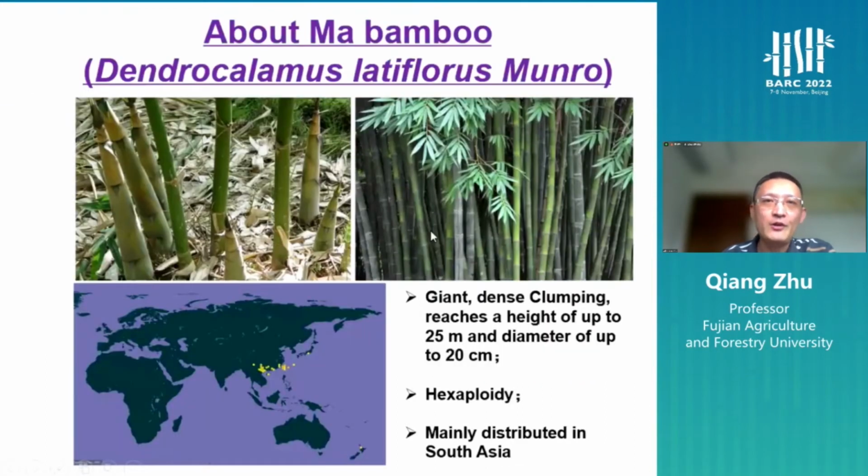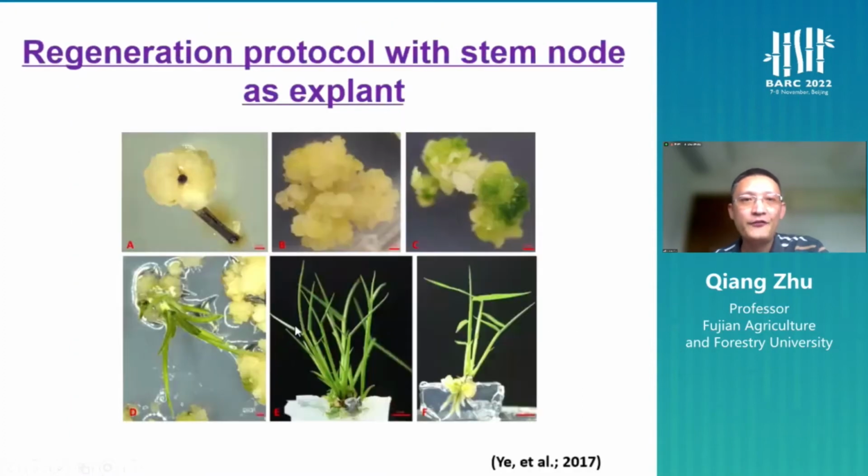In my lab, we use the Ma bamboo as our research subject. It's a kind of giant dense clumping bamboo species. It's a hexaploid plant, mainly distributed in South Asia. First, we established a regeneration protocol with the stem node as the explant.